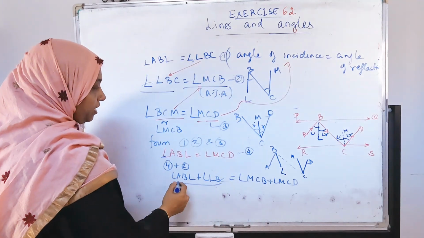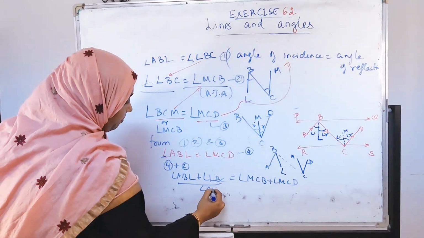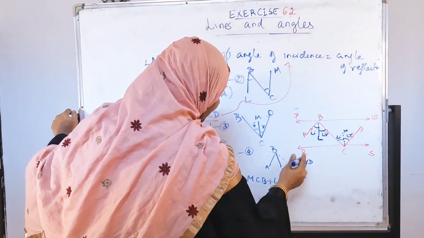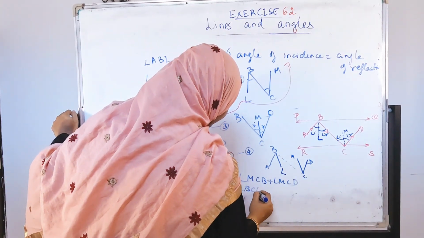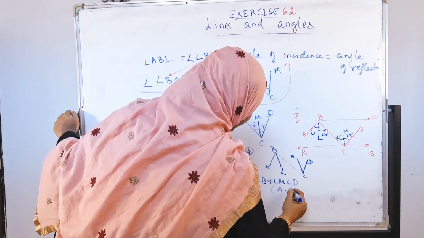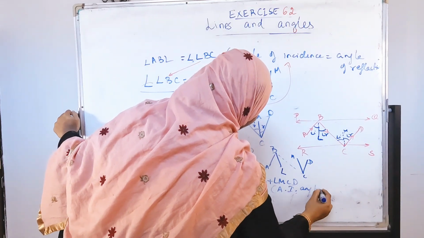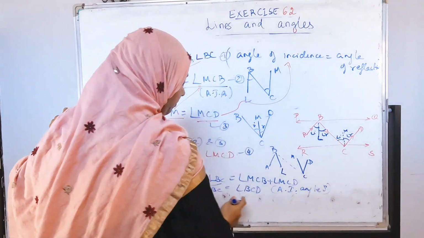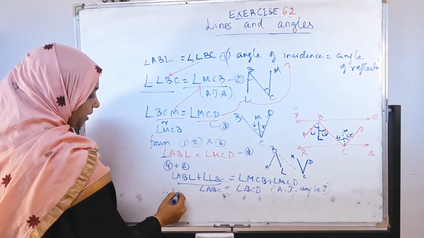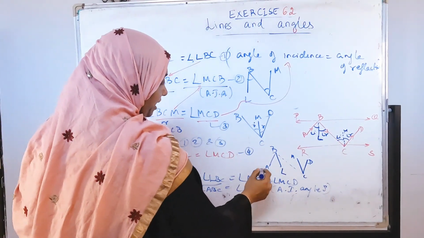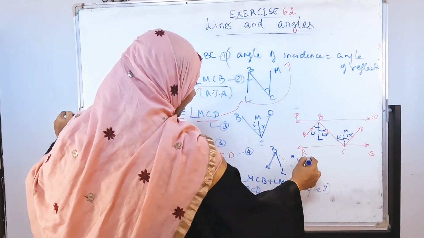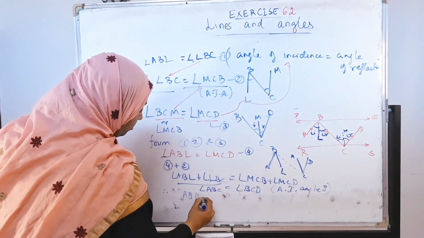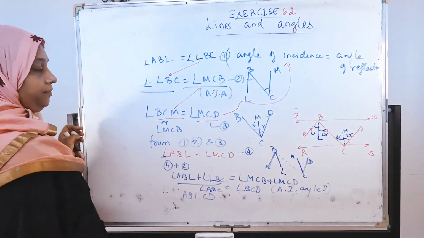This combination is angle ABC. This combination is BCD. It is alternate interior angles. Alternate interior angles we know. Therefore, which line is it standing on? AB and line CD only it is coming. So AB is parallel to CD. Ex 6.2.